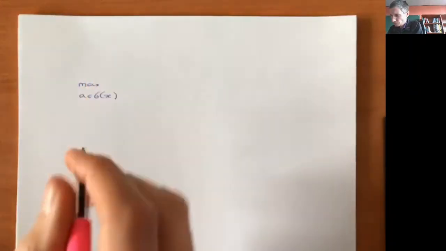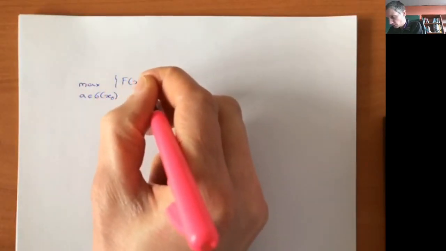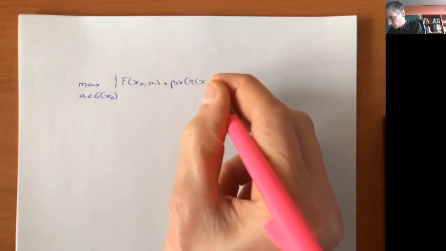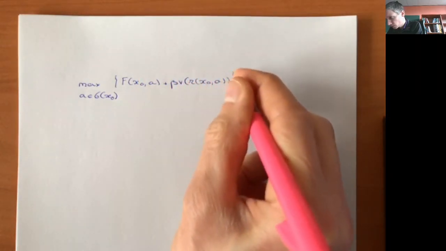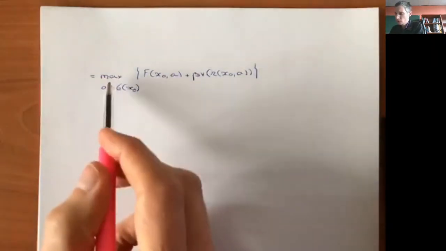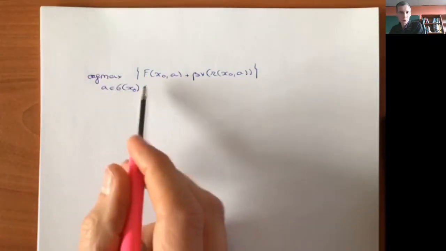So the idea is to look at the following problem. So we start at x0. We're going to maximize f of x0 a plus beta v of r x0 a. Okay, and there will be a solution to this problem, right?